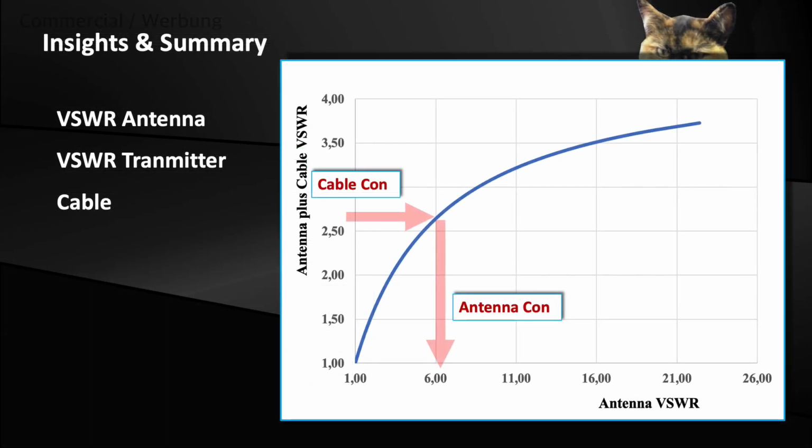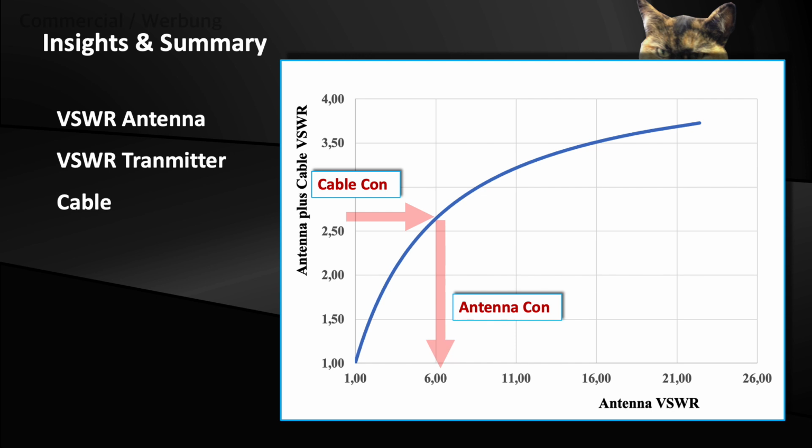The insights and the summary. Amateur radio operators and professional RF engineers have the experience that measuring the VSWR or the return loss through a lossy feeder cable is a bit tricky.